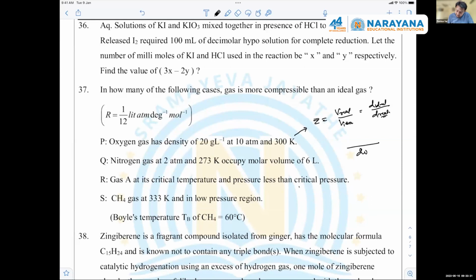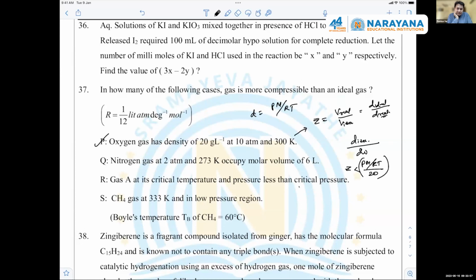And ideal density you calculate. D ideal is nothing but D equals PM upon RT. So using this formula, PM upon RT divided by 20, quickly ascertain the value of Z. It's coming out to be less than 1. So definitely the P option is more compressible since Z is less than 1.